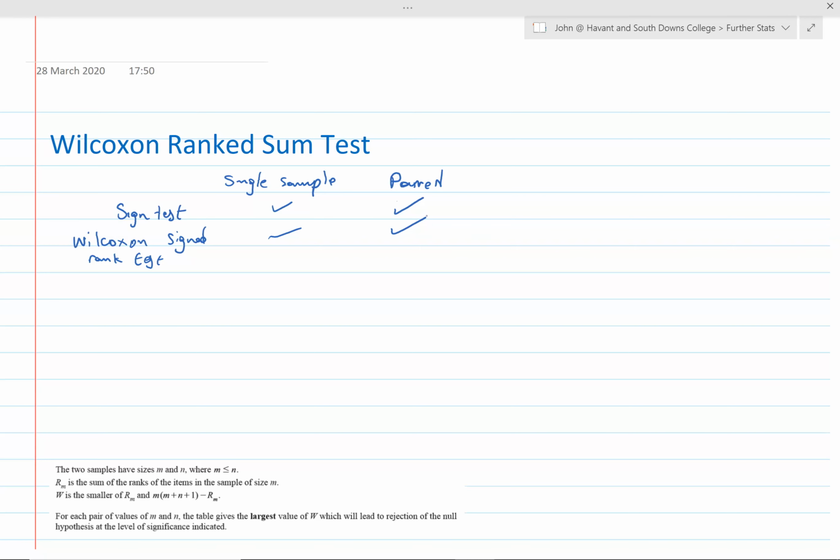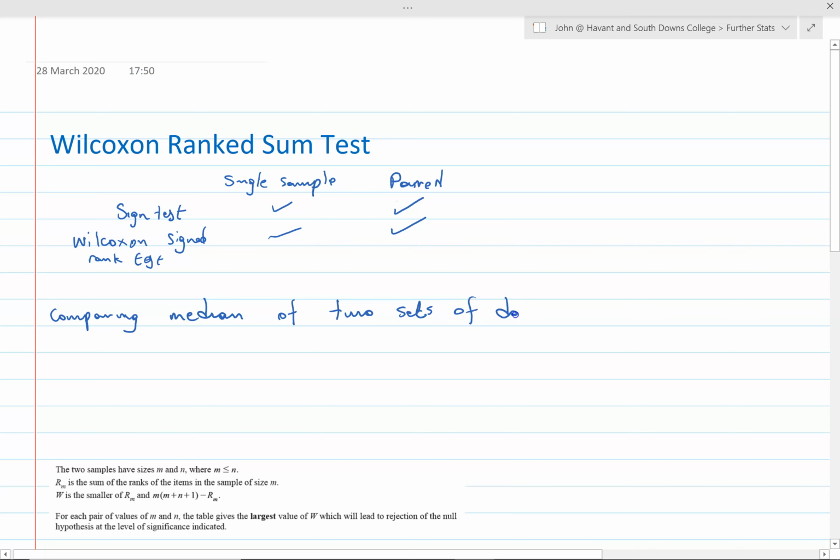Now the Wilcoxon rank sum test, well, here we're basically comparing the medians of 2 sets of data.